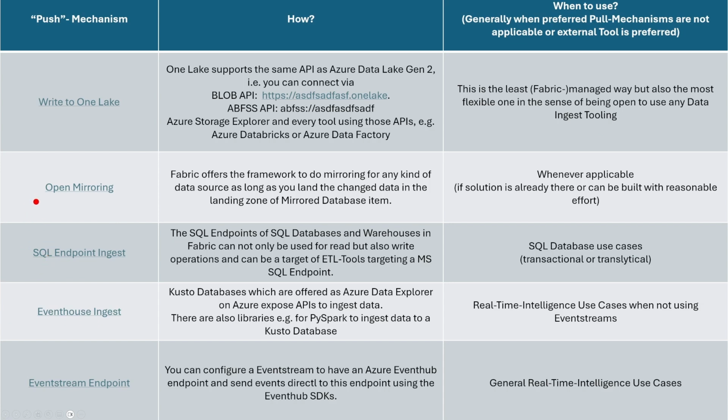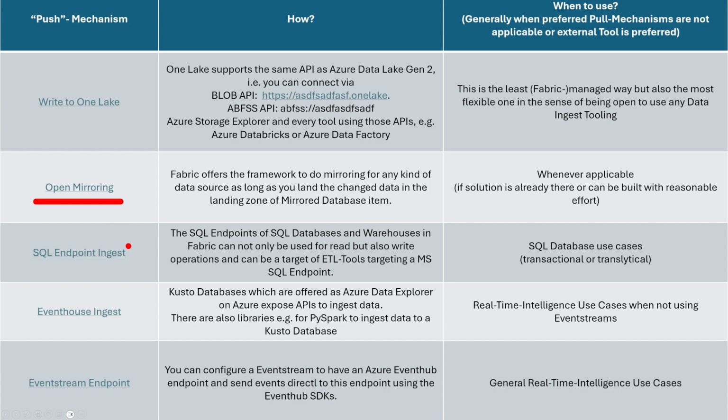Another way is open mirroring. I touched upon end-to-end mirroring, which is in contrast to open mirroring. Microsoft Fabric offers this framework to do mirroring for any kind of data source, but only the second part of the replication.